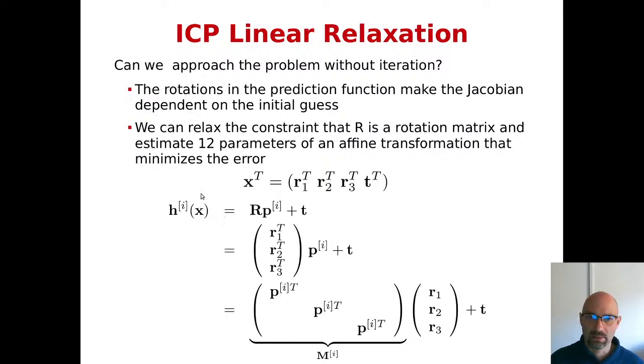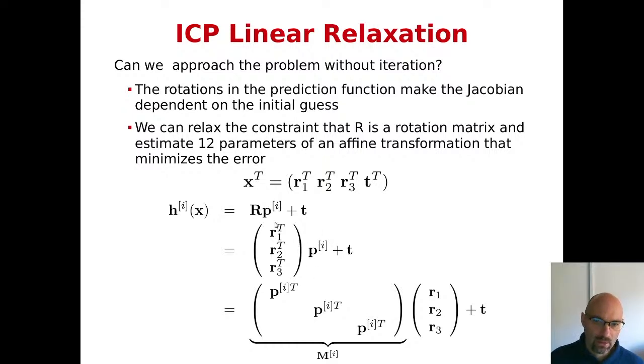The error function doesn't change, only the fact that the state has now 12 dimensions changes. The error function will be then the same as before, where you have the rotation matrix multiplied by the point plus the translation. And so you re-express the rotation matrix by the 3 vectors, one stacked on top of the other, plus the translation.